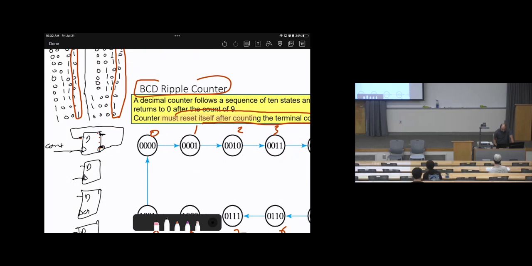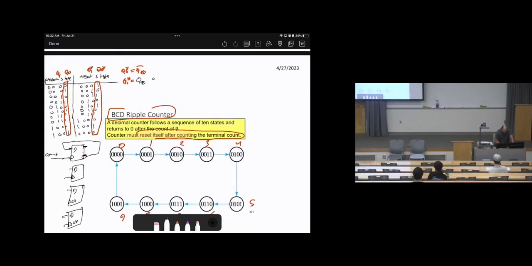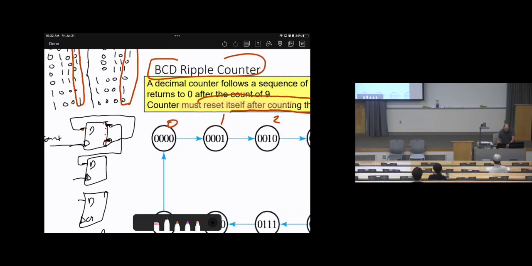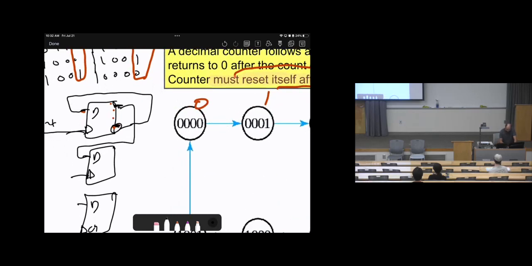Therefore, in our design, D should go here, or we can do, because this one is asynchronous, instead of going to the D, we will make it go to the clock. So the update will happen there.